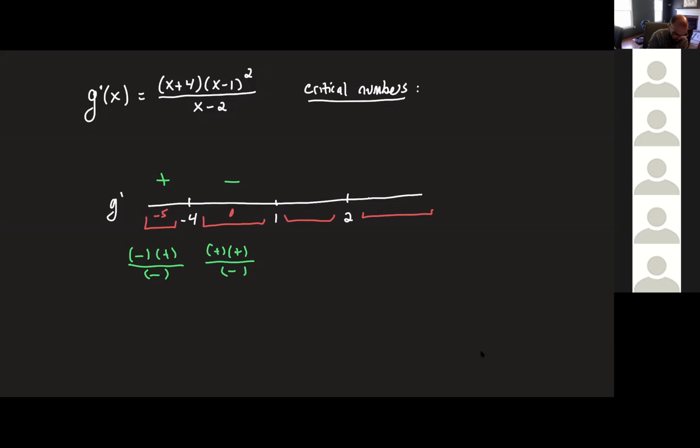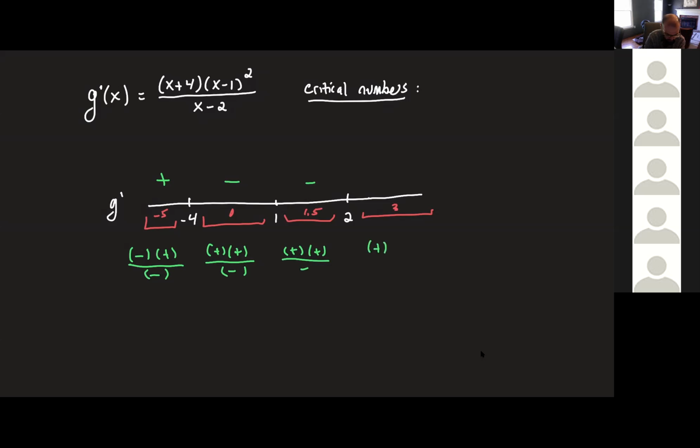All right, if we keep going, I can pick a value 1.5. The structure that I'm going to get is a positive number divided by 1.5 minus 2, which is still a negative number, so this is going to be negative. And then if I go over to 2, I can pick, say, the value 3. Going through, I think they're all going to be positive at this point.